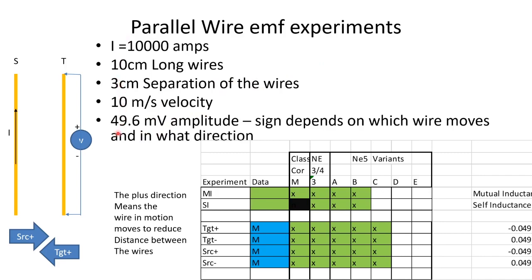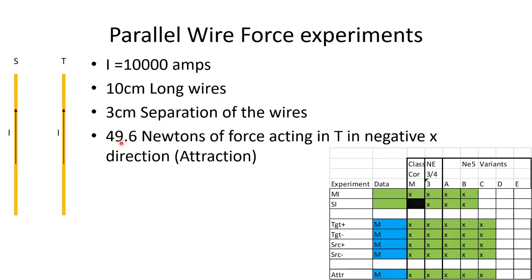So if you want to put these values in and compute them with some other tool, I don't mind being proven wrong. I'm human. I make mistakes all the time, but I'm pretty sure these are the correct answers. Okay, and for the wire force experiment, if I have two parallel wires with 10,000 amps in them, then we get 49.6 newtons of force pulling them together.